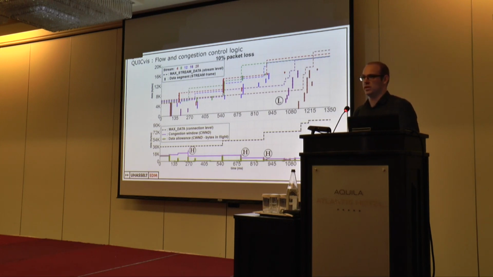Depending on what your application is, you might want to send a little bit of stream 20 and 16 at the front as well, instead of giving the first few priority. So this is going to get just worse with HB3 prioritization, of course. So you really, really need something to visualize these interactions.